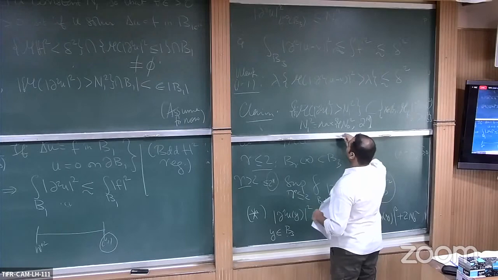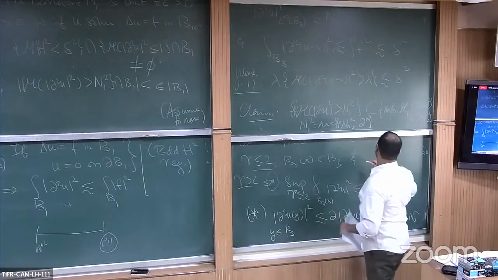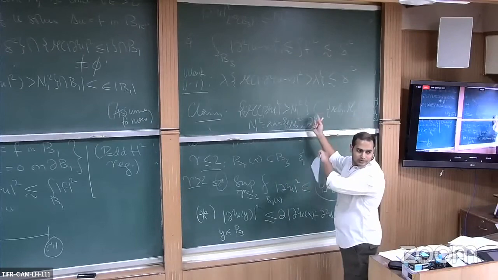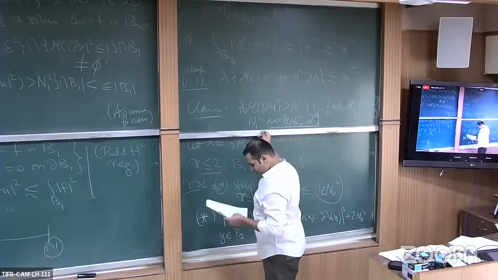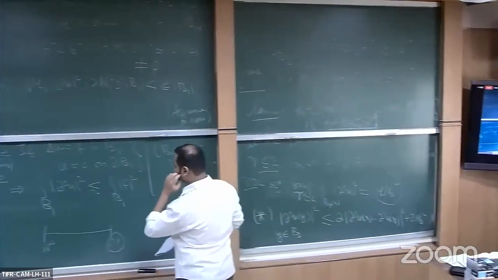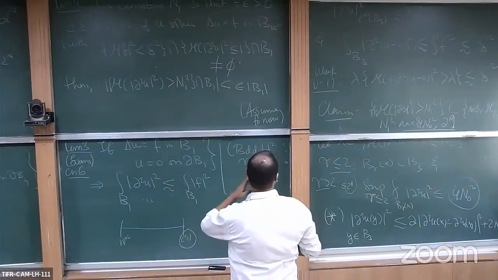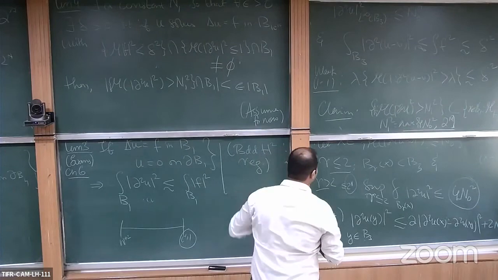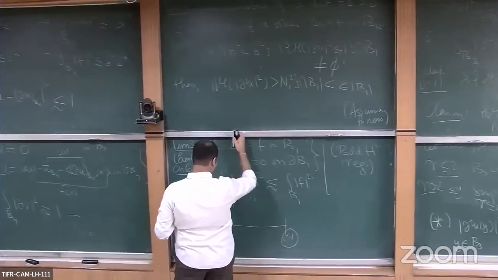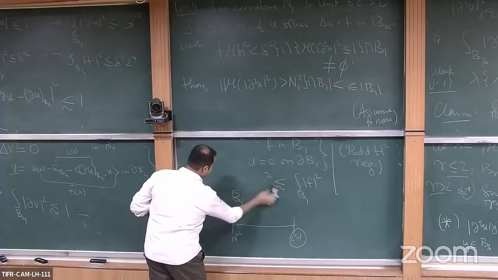So if N1 is the max of that, then this is less than or equal to this, which is greater than or equal to this in there, and that finishes the claim.